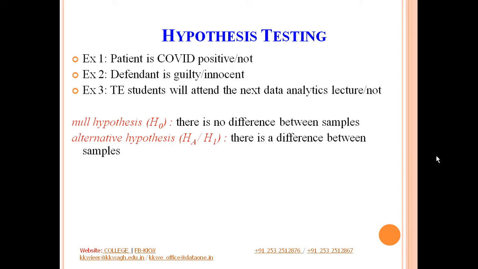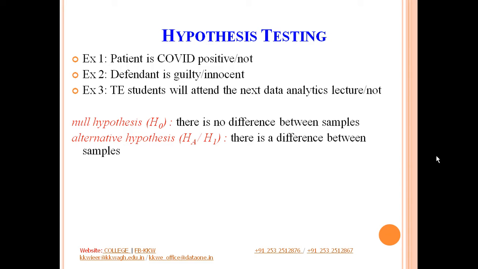Then it indicates that the output is the same for all the people. So there is no difference between the samples. This indicates that our assumption, our null hypothesis, is true. So if it is true, that means we have to accept it. So in general, this is the meaning of null hypothesis: there is no difference between the samples.